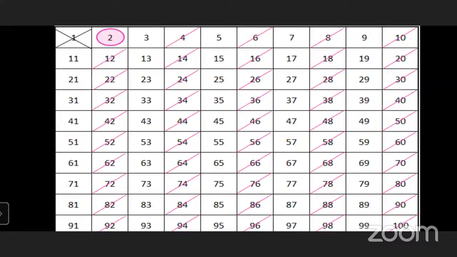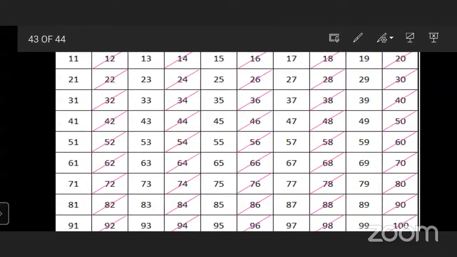Yes, here is a printing mistake. So 15 is not a prime number; they have to cross the number. Okay, 15 is a composite number.